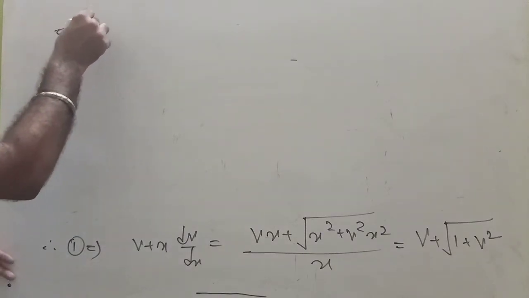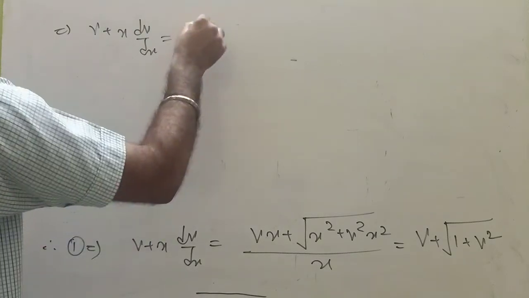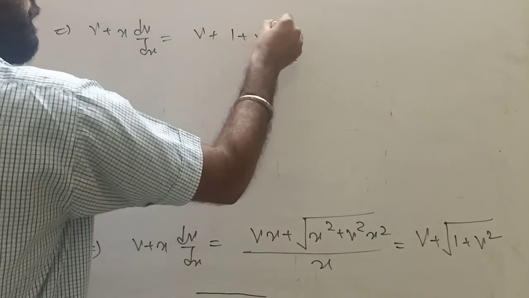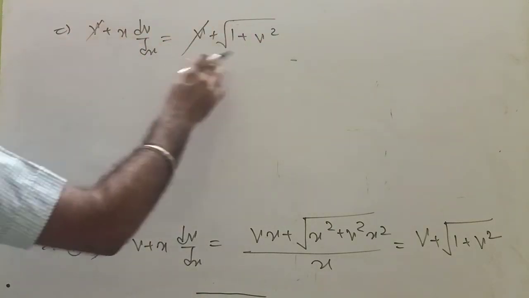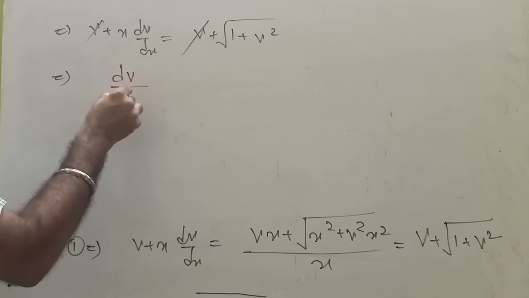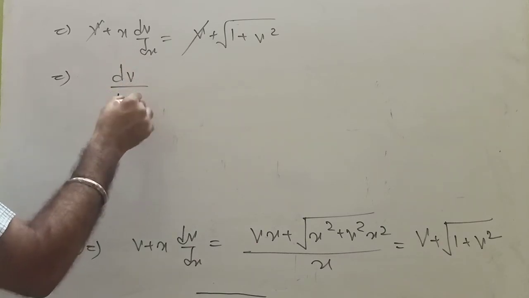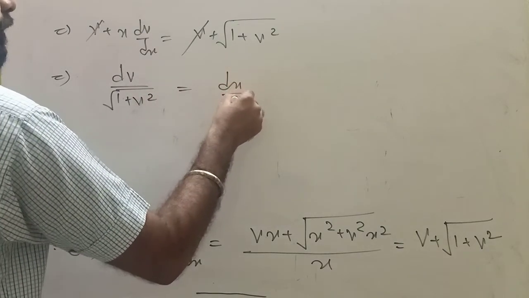Then shift this v to the right hand side, so this v will cancel out. Then cross multiplying, dv over under root of 1 plus v square is equal to dx over x.